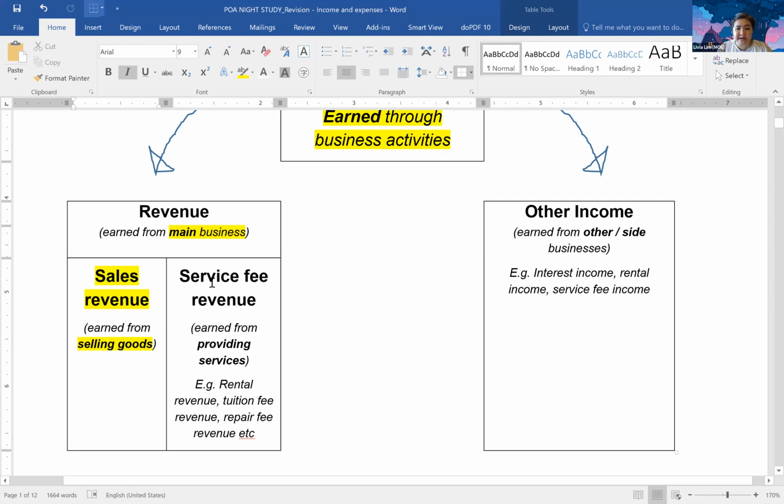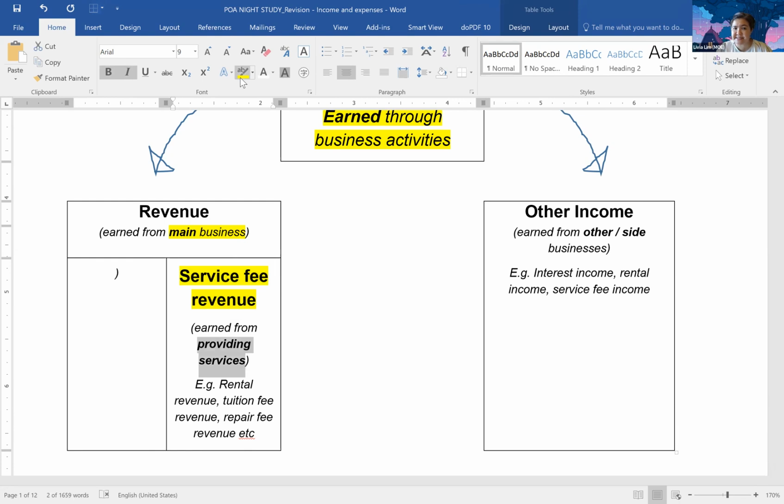However, say for example you are a bicycle repair shop. Actually you have no sales revenue at all. You only have a service fee revenue, because you only provide services such as bicycle repair services.